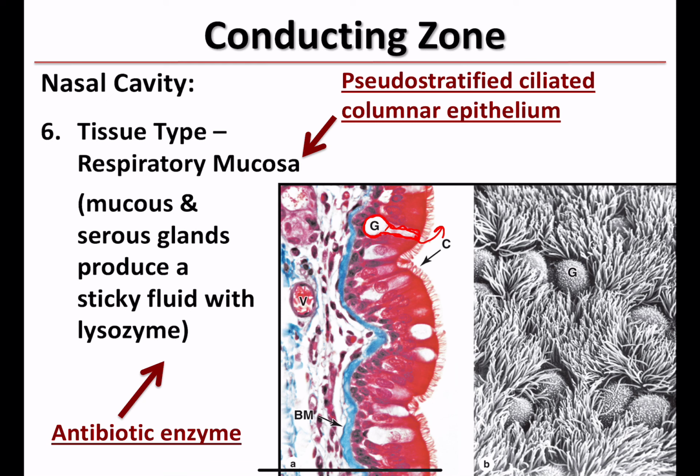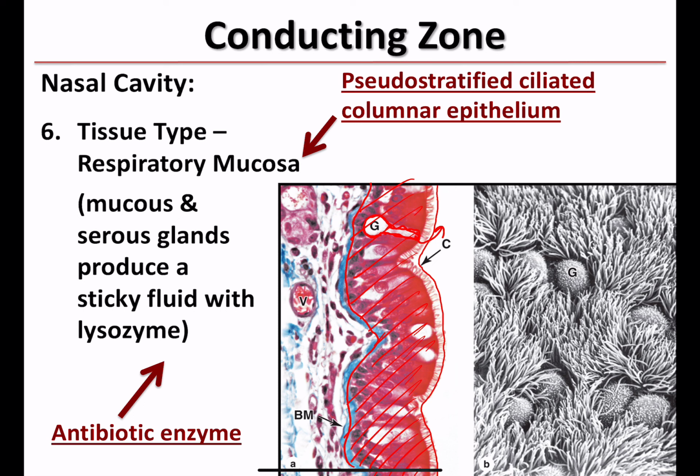You also have lots of other glands which secrete mucus and serous fluid that are embedded within the connective tissues deep to the epithelial cells. By the way, just as a big overview, here is the epithelium right here, and I'm not going to get too close to these little hair-like structures called cilia because I don't want to obscure your view from them. But all of this right here is the epithelium.